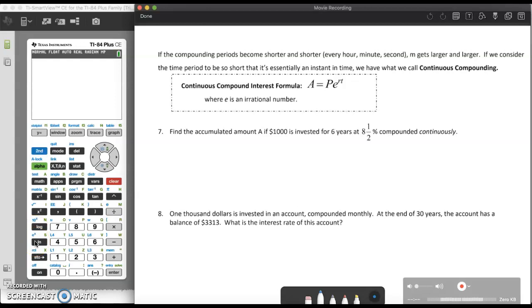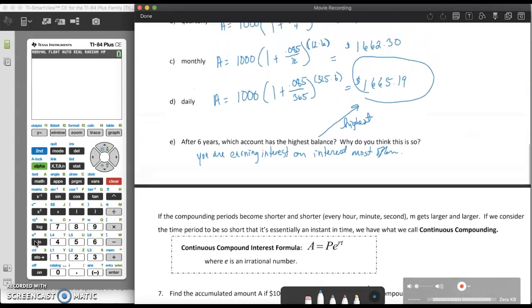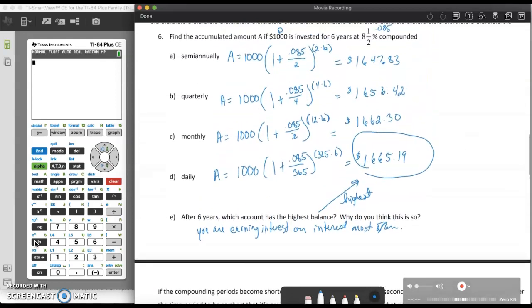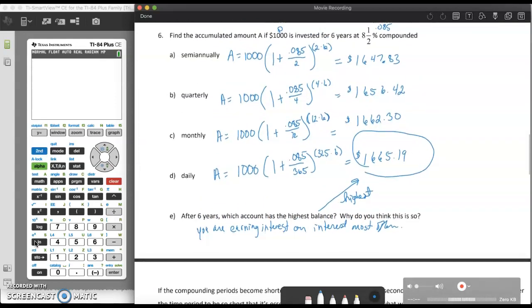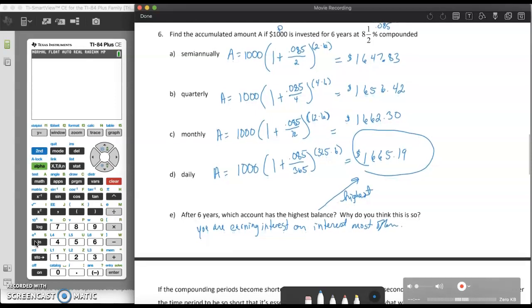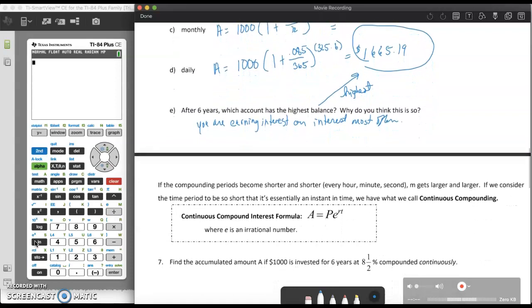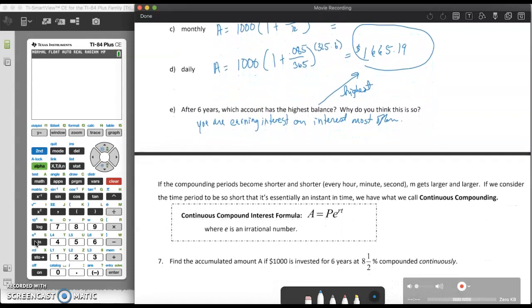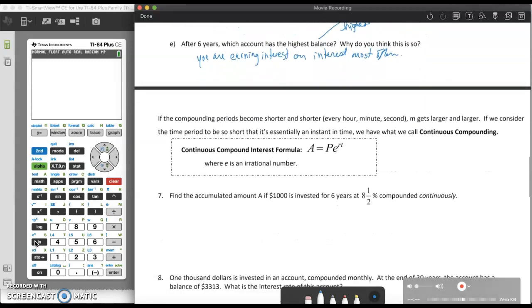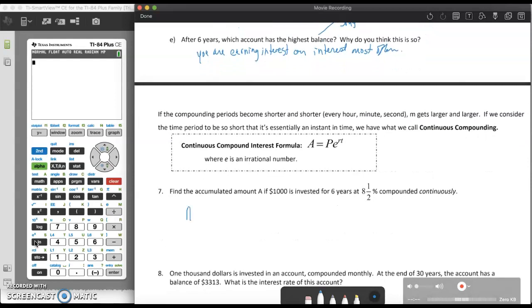So let's back up and do this same problem that we had just done where we invested $1,000 for 6 years at 8.5%, and we saw it go up and up and up. So what we should expect is that if we do this continuously, we should get even a little bit more than this daily compounding. So we would find the accumulated amount of $1,000.